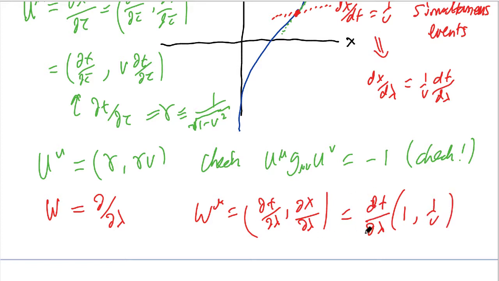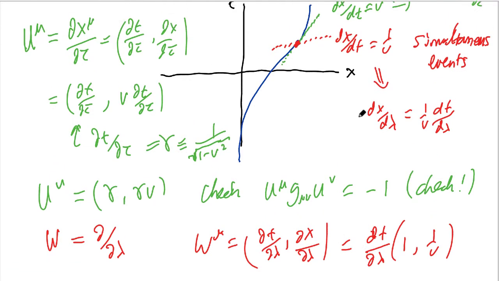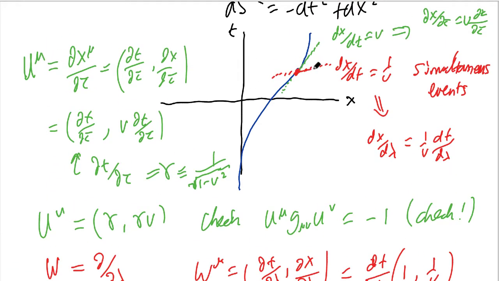So let me pull out the dt/dλ: 1, 1 over v. Depending on how we choose the parameter lambda, we have different vectors of different lengths, but they all point along this direction of simultaneous events. So this is the vector w. And of course, the velocity vector, u, points along this way.